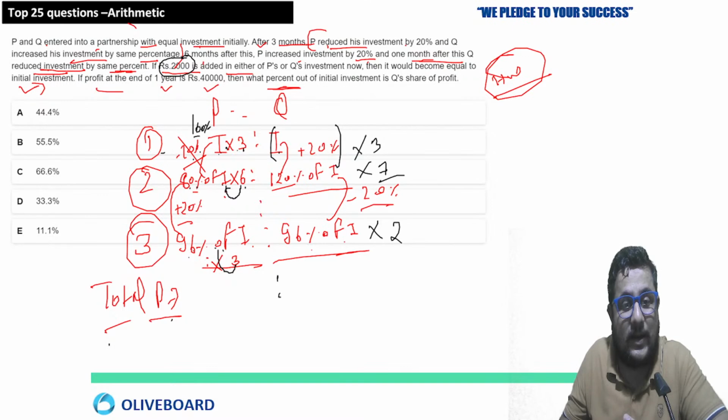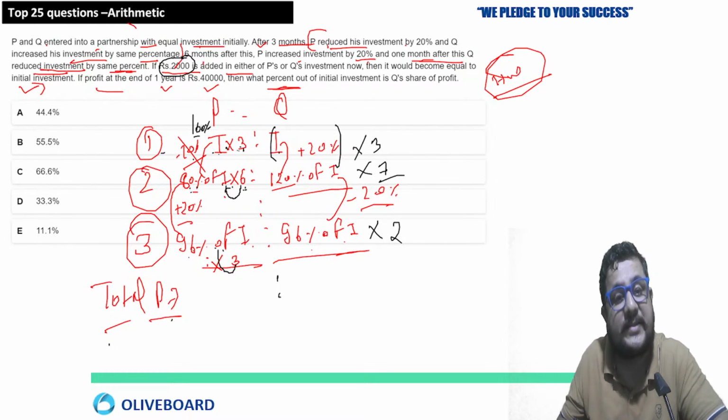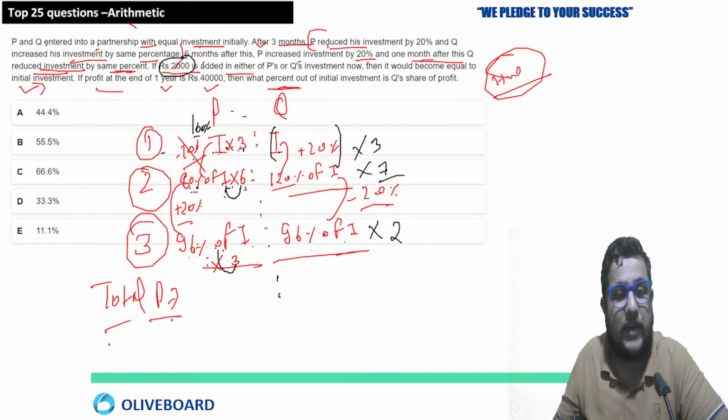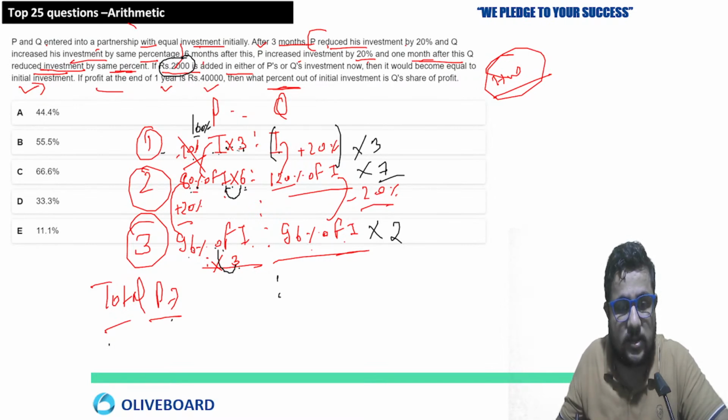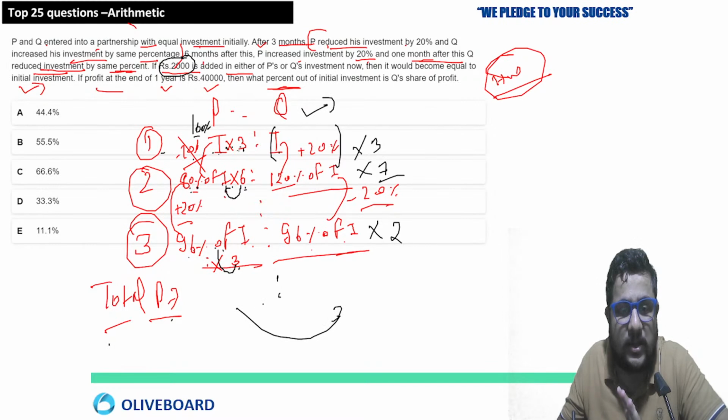Now see, I into 3 means 3I. This 80% of I multiplied by 6 is going to be 480% of I. So this product we need to add, right? 300% of I, 480% of I, plus 96% into 3, so this is going to be 288%. Just add these three values, right? And then for Q also take the whole total and find out their profit ratio.